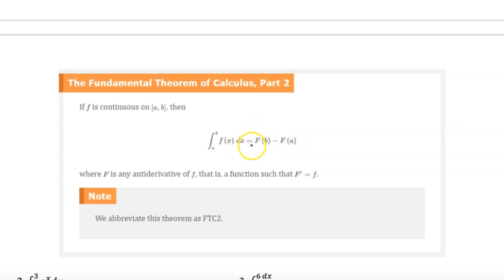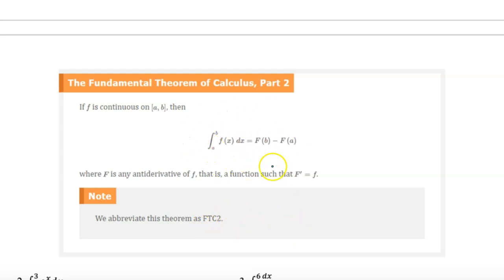So this is equal to the antiderivative evaluated at b, which is the upper bound, minus the antiderivative of this function evaluated at the lower bound, where F is any antiderivative of f. And the second part of this is such that F prime is equal to f. Well, when we take the derivative of an antiderivative, we're just left with the original function. So that's what this says. And we can abbreviate this FTC2, Fundamental Theorem of Calculus 2.